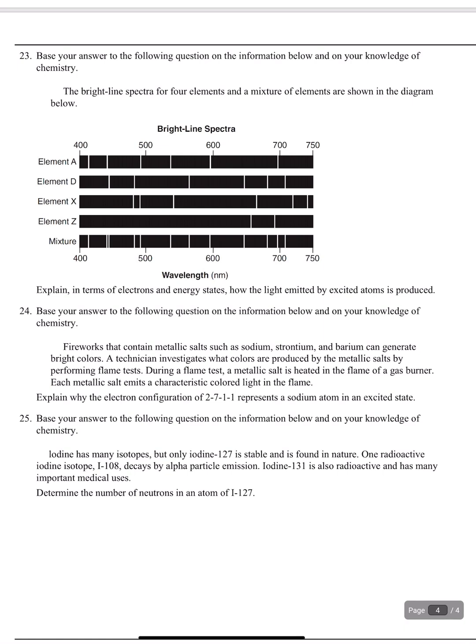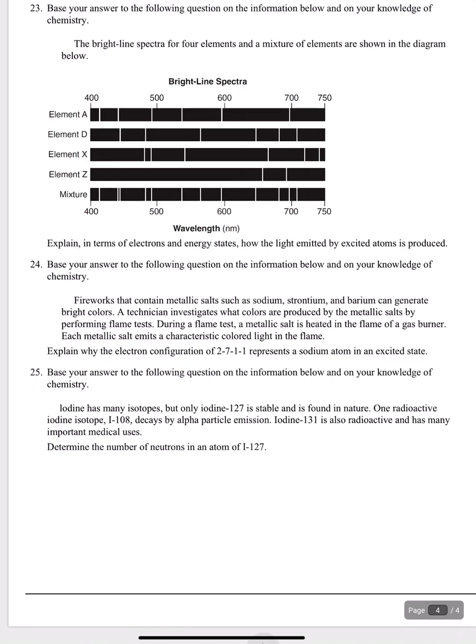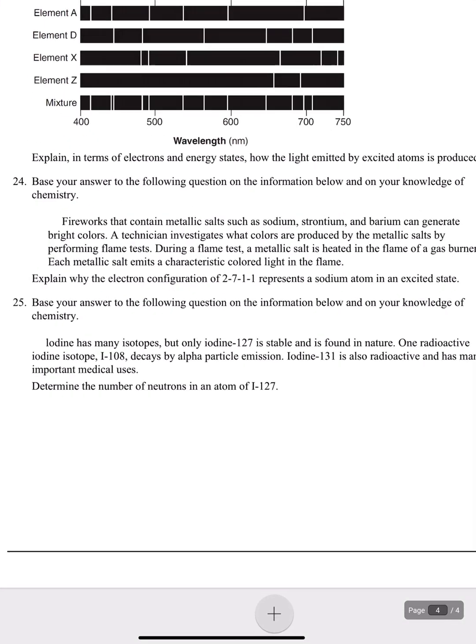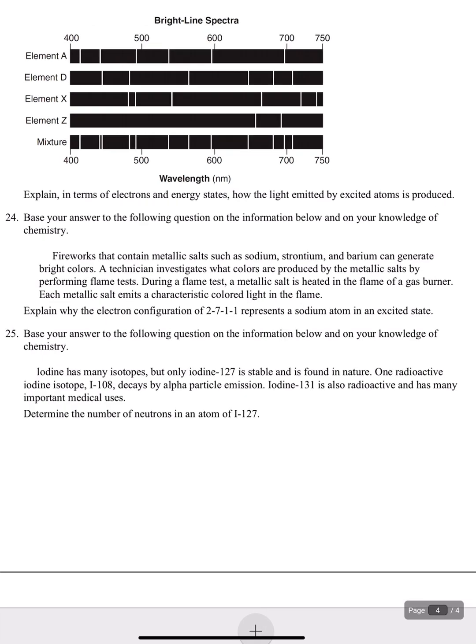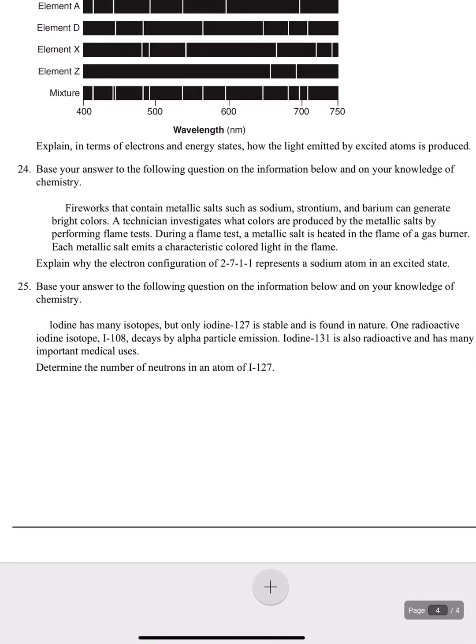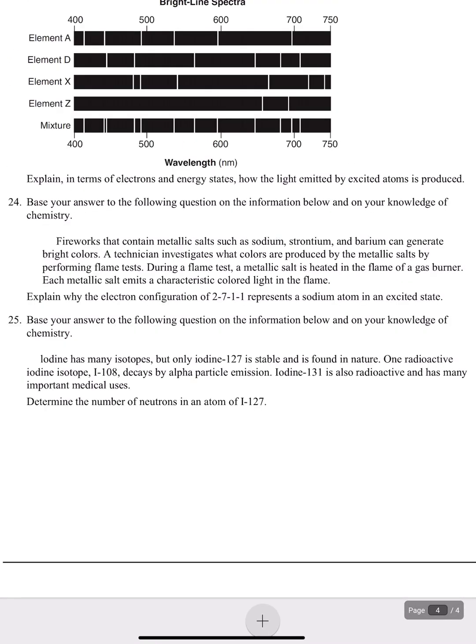Those are the key words. You don't have to put that word for word on your paper, but that is the information they want: excited electrons go from a higher energy state to a lower energy state, and that's when they form light.